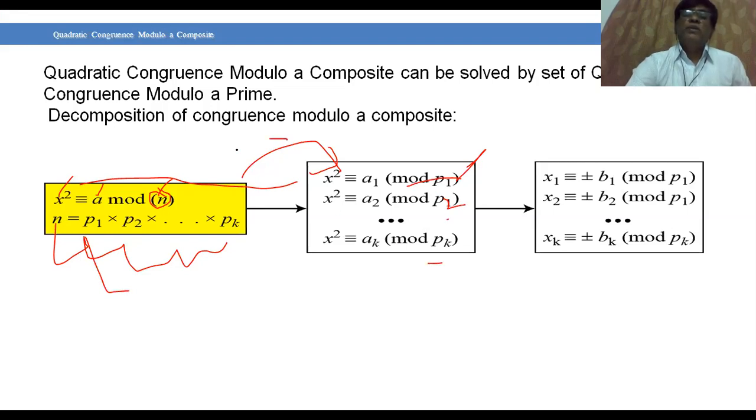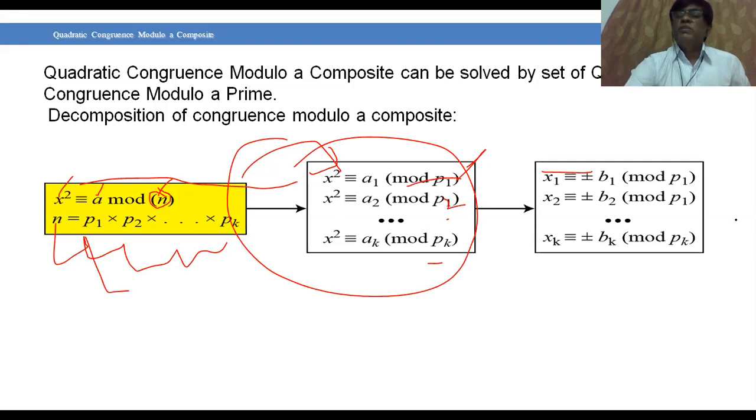From these, the x1 value can be plus or minus b1 mod p1, and x2 is plus or minus b2 mod p2, like this.